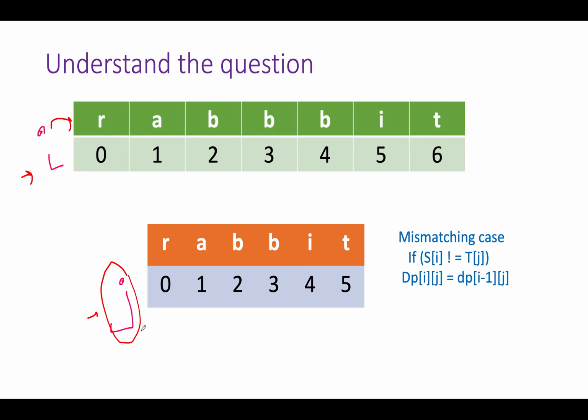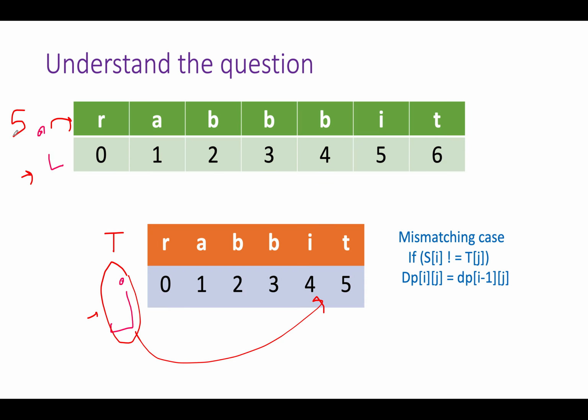Let's hypothetically assume that the jth character in string t points to the 4th index and the ith character in string s again points to the 4th index. Which character is held at the ith index in string s? It is B. Which character is held at index j in string t? It is I. These two are mismatching because B is not equal to I.